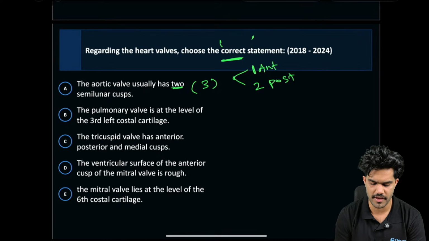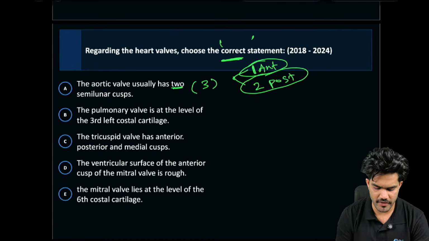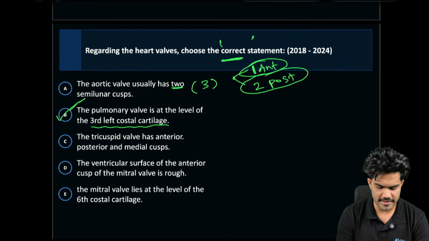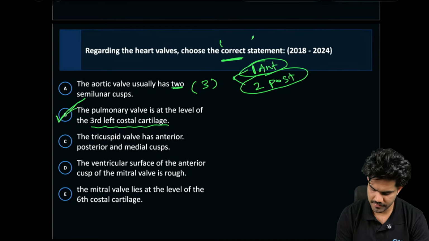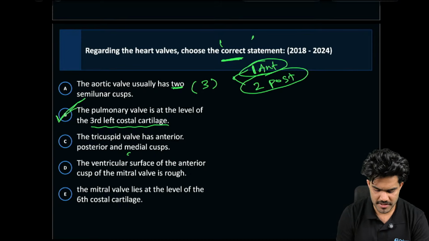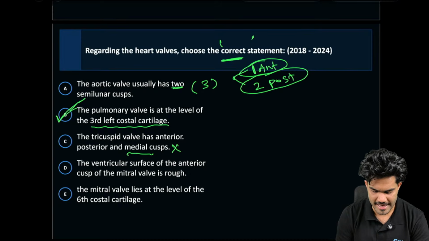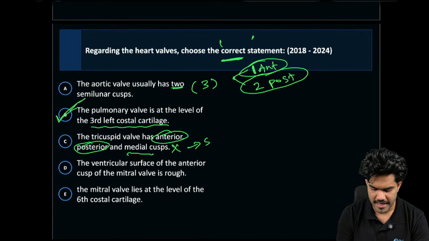Now, the pulmonary valve is at the level of the third left costal cartilage. Yes, this is the right answer. Now, the tricuspid valve has anterior, posterior and medial cusps. This is the wrong statement. It has anterior, posterior, plus not medial, it is called the septal cusp.